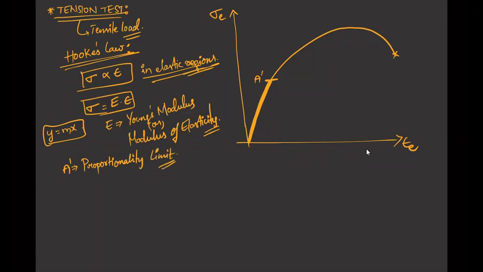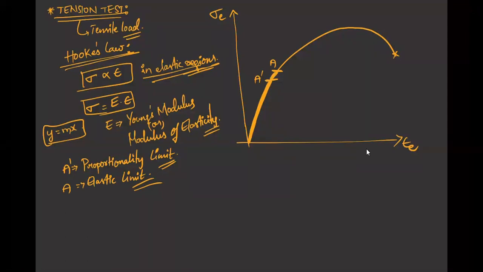Okay, but usually in experiments you can observe that the elastic region does not stop there, even after somewhere here. We call that the elastic limit. So what is the difference between these two? The elastic limit is the true limit until where elasticity is there. The reason we take the proportionality limit is that experimentally determining the elastic limit is very hard, because you can't differentiate where the proportionality limit is gone already.